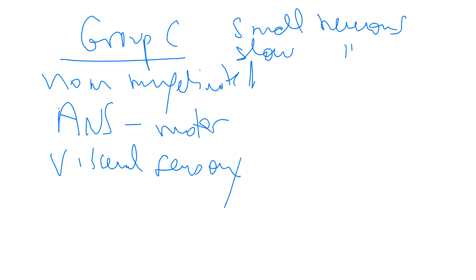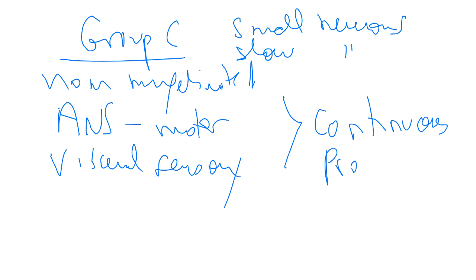Okay, so remember what group A, B, and C are. Oh, and the conduction was continuous propagation because they're non-myelinated. All right, any questions on any of these?